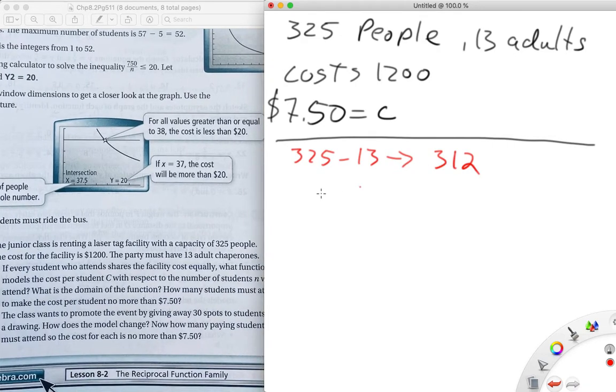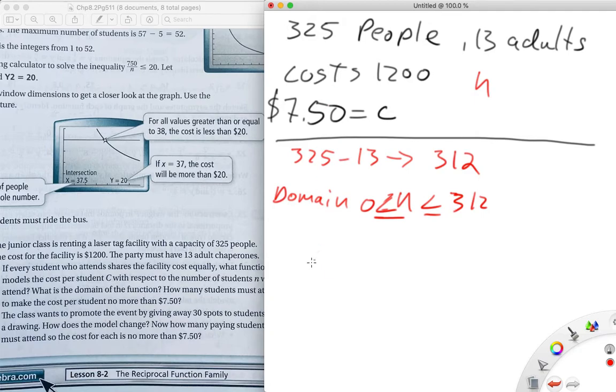Okay, so the domain of the function is going to be between 0 and 312. So we're going to say n for the number of students. So n is going to be less than 312 and greater than 0, right? Between 0 and 312 kids can attend this function.